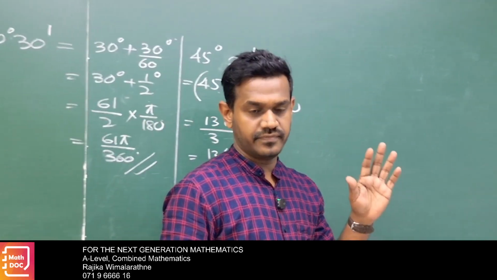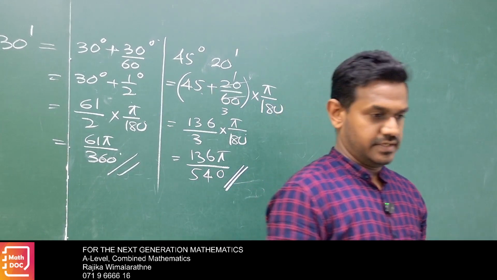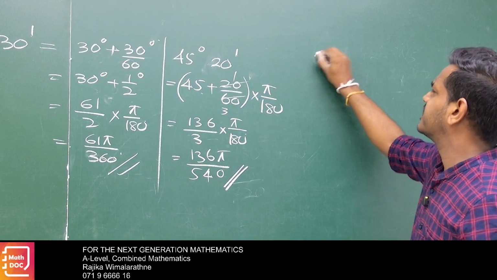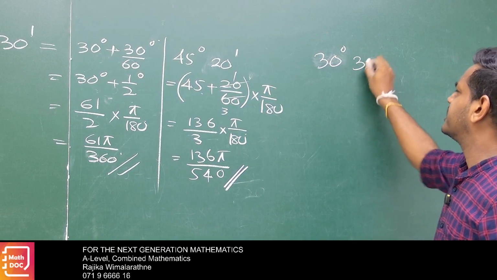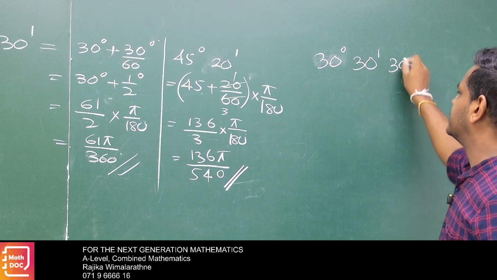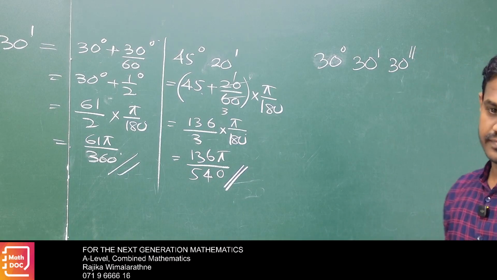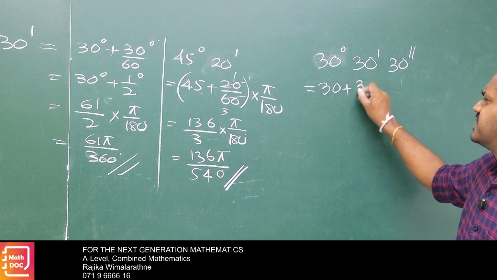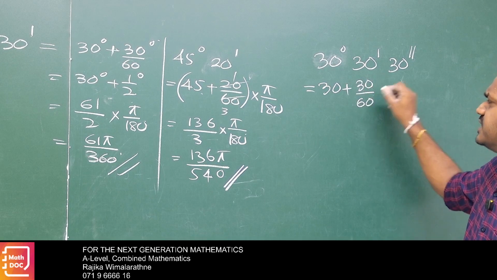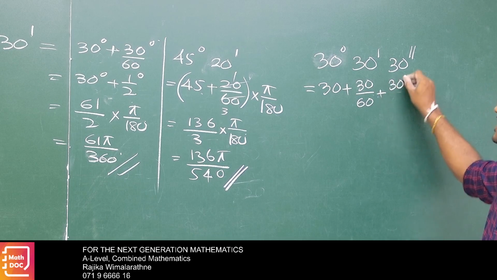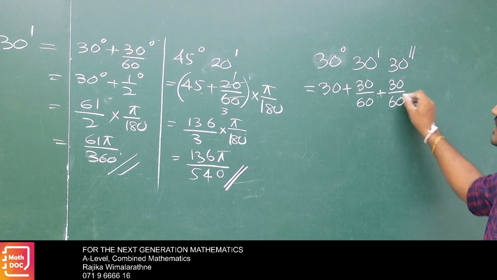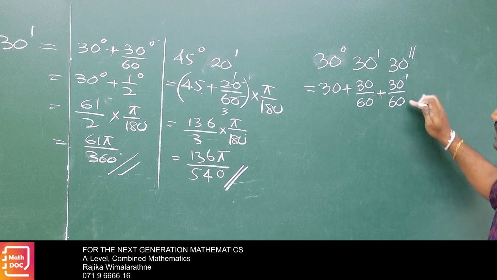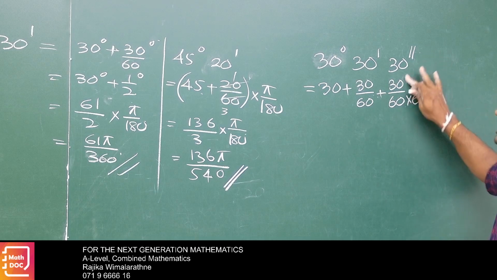Let's do another one. See 30 degree, 30 minutes, 30 seconds. You convert this into degrees. 30 plus, here 30 over 60 now in degrees. Here 30 minutes, you divide by 60, now it is in degrees. Here 30 seconds, then further you divide by 60, now it is in degrees.